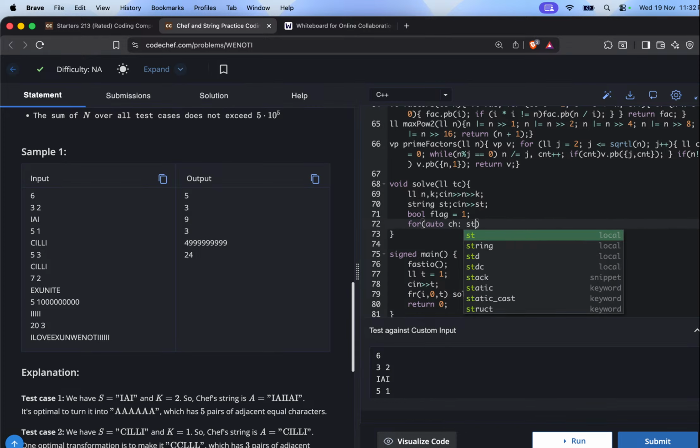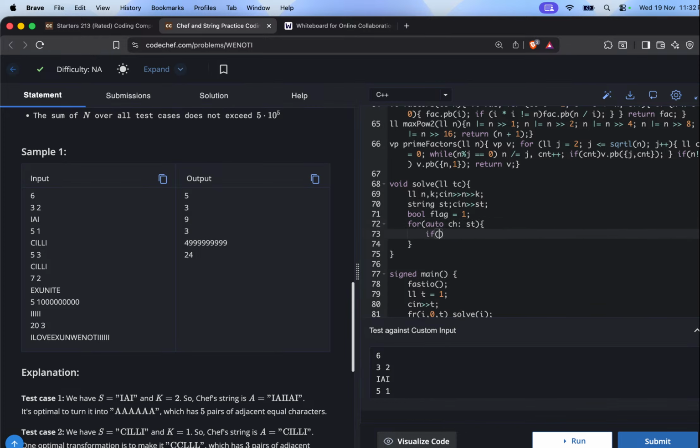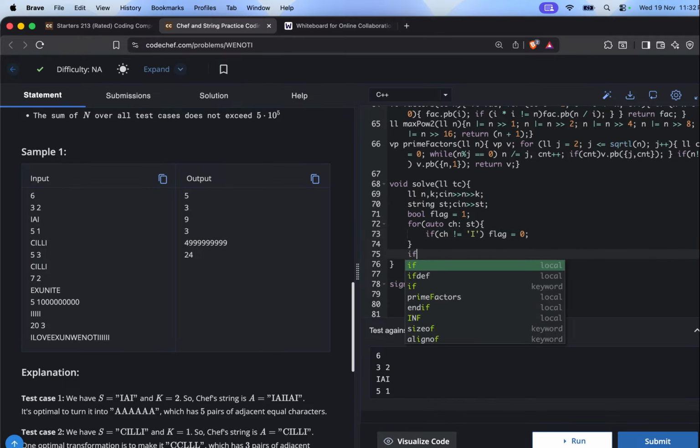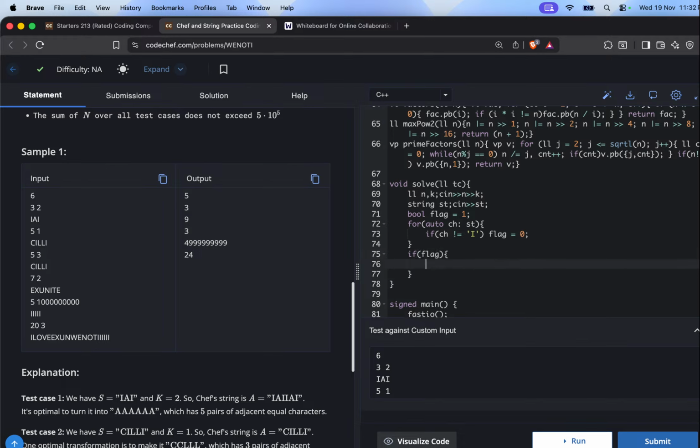Now iterate over the whole string. If I find a character that is not equal to I, then we are good to proceed with our algorithm. And if we did not find any of them, then just output n times k minus 1.